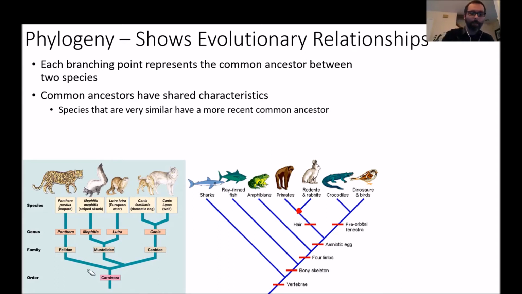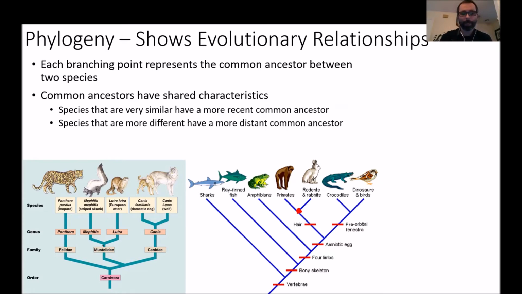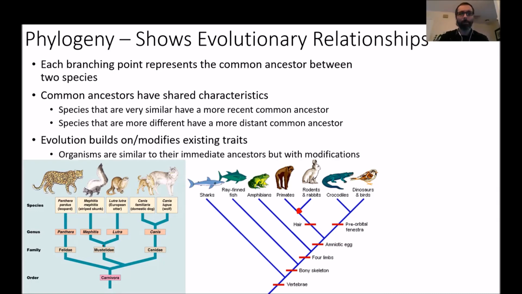And so this is all, again, based on the idea that you had to have gotten your traits from your ancestors, right? And so species that are more different have distant ancestors. Species that are similar have recent ancestors. All of the descendants should have the same basic traits as the past, but with modifications.